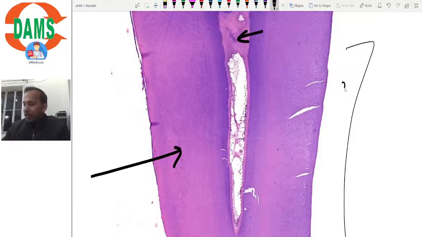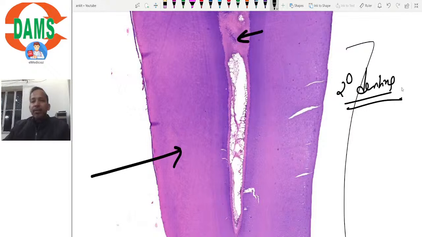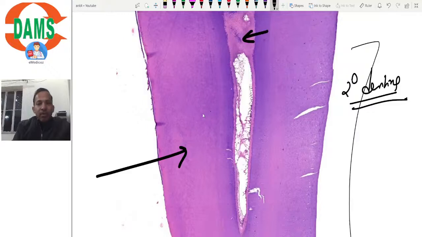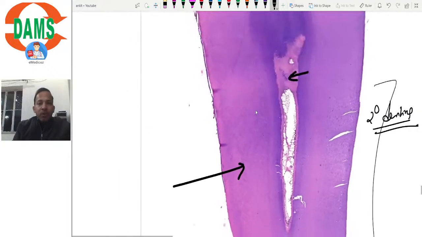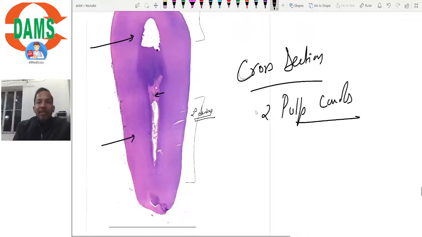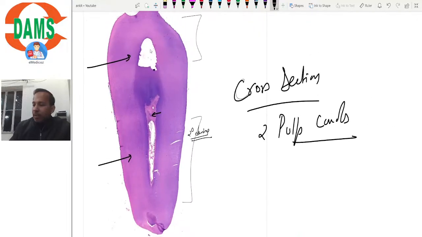What is it? It is secondary dentin, isn't it? So in this section, you can identify the secondary dentin. This pulp canal has been narrowed because of the deposition of secondary dentin. In this section, the secondary dentin is lost from the other pulp canal, right? These are the two pulp canals. One clearly shows this deposition of secondary dentin.